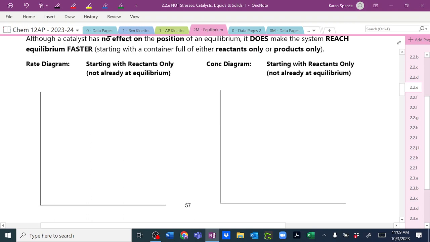So if we start with reactants only, can you guys draw a rate diagram where we're starting with reactants only? We are not yet at equilibrium.